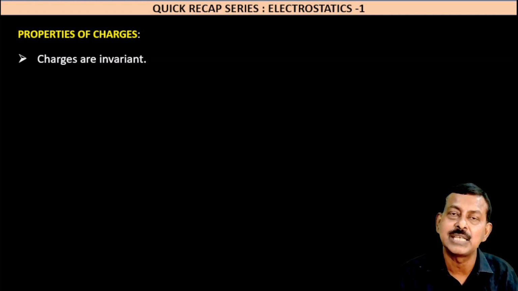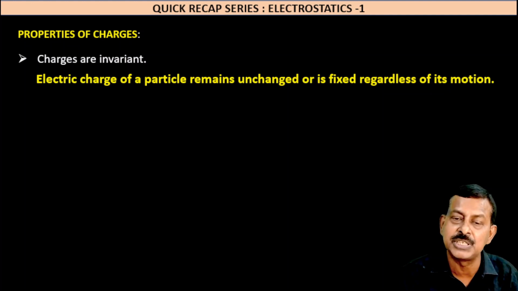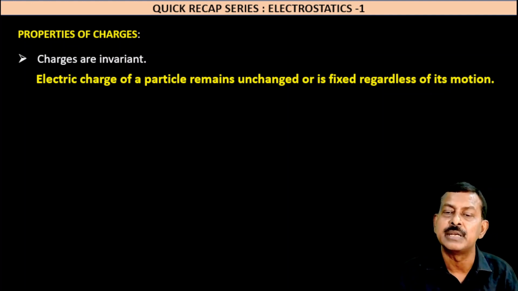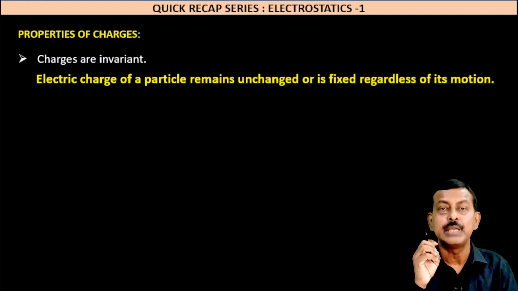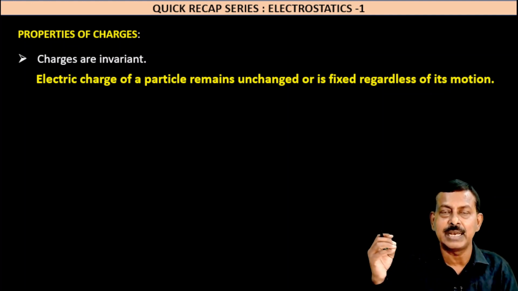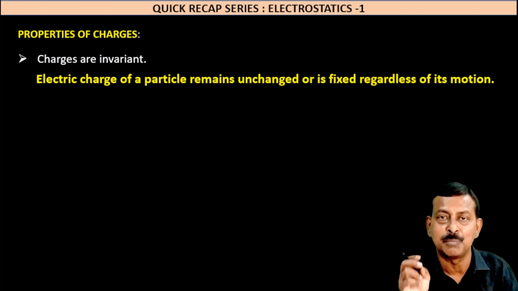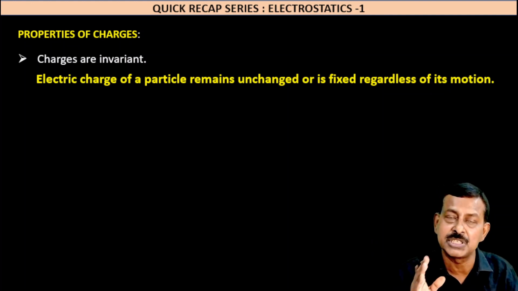Then charges are invariant. Now, what does it mean? Electric charge of a particle remains unchanged, or it is fixed, regardless of its motion. Remember, if you take mass, if a certain mass is in motion, in that case there is variation in the mass, which we call the relativistic variation of mass.